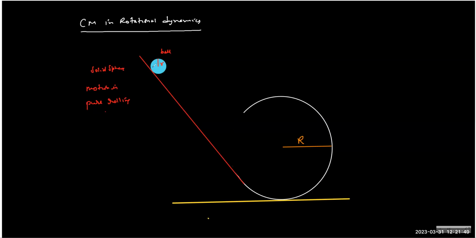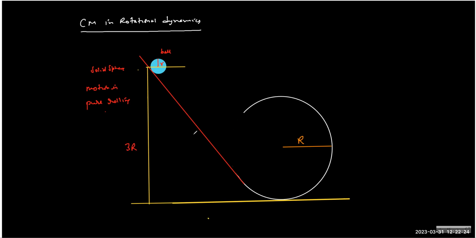And the initial height of the center of mass of the ball with respect to the base is, let's call, how much? 3r is fine.